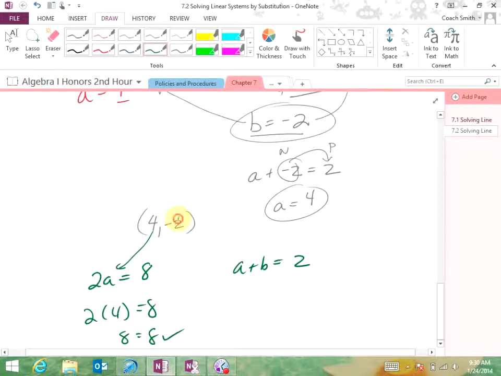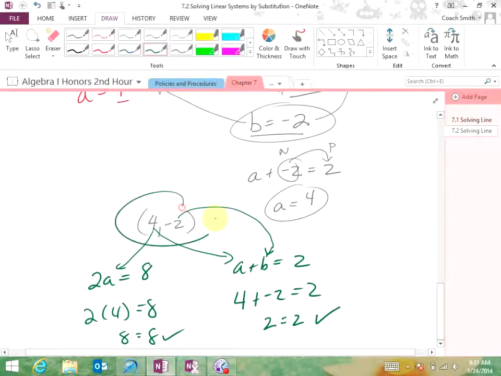If I plug in the negative 2 here and the 4 there, that would be 4 plus negative 2 equals 2. 2 is equal to 2, so that one checks. So that is your 4, negative 2 is your answer.